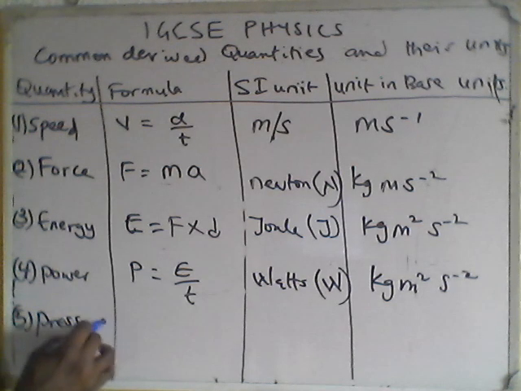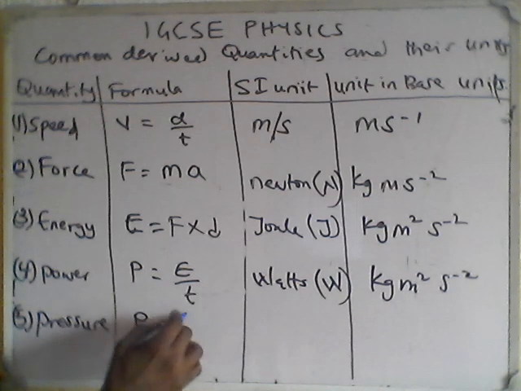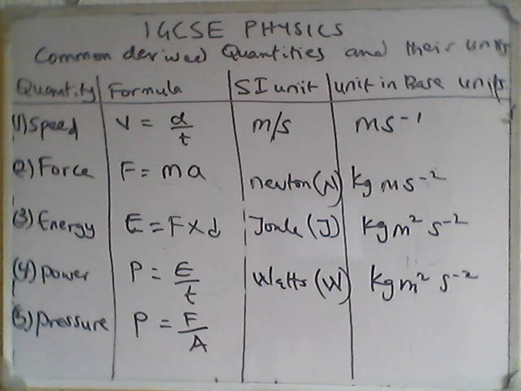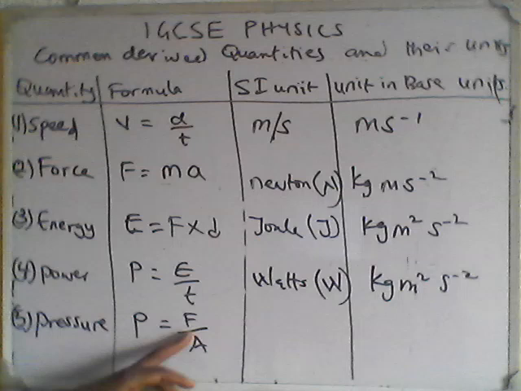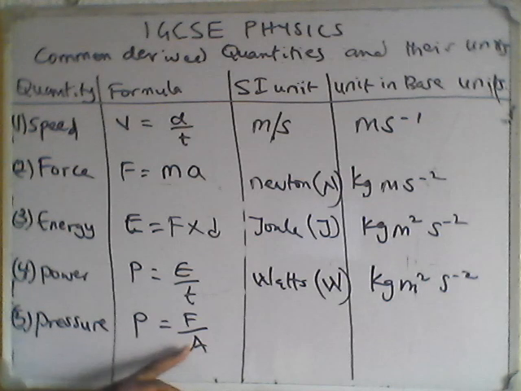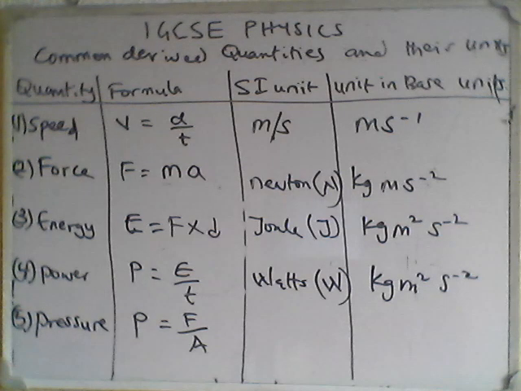Pressure is force per unit area. So pressure P is equal to force per unit area. Sometimes when you're writing out your exams, you do well to define what your parameters are. If I say define pressure and you say pressure is equal to force divided by area, I am calling area A. So if I say P is equal to F over A, I will now come and say where P is equal to pressure, F is equal to force, and A is equal to area.